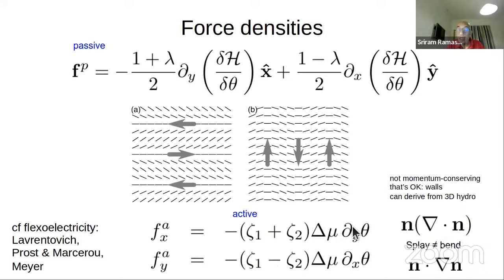You can argue about what kinds of three-dimensional terms you have to have. Even if these terms are allowed in this confined geometry, you still have to ask where they came from in the three-dimensional dynamics.